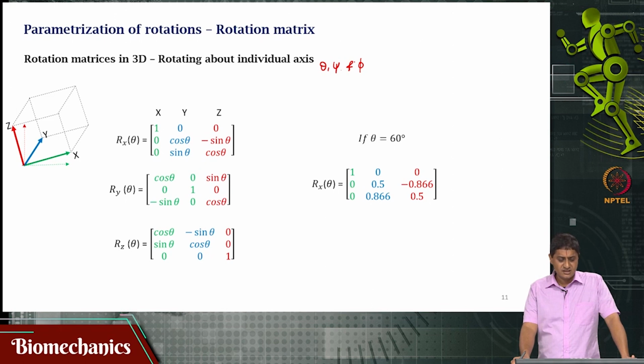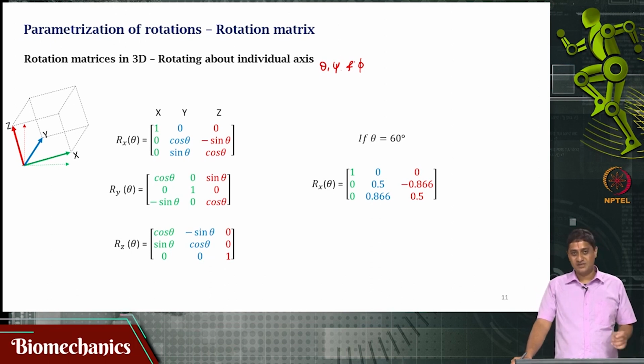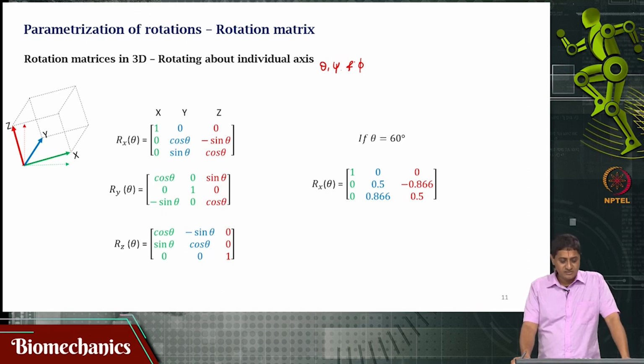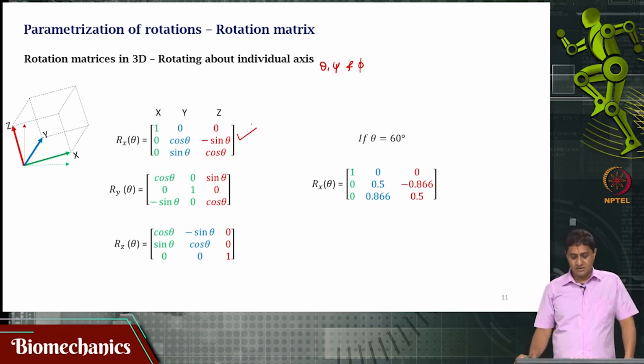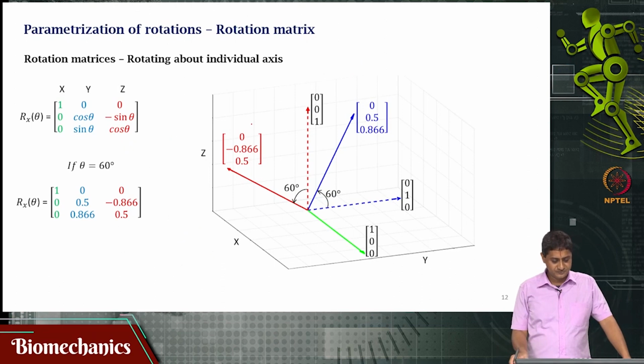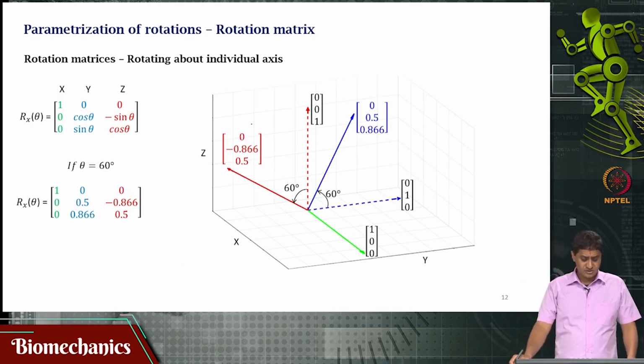Then Rx, because the rotation is happening about the x axis and the x axis itself is not moving, the rotation matrix would be this. And let us say for example, theta is equal to 60 degrees. Because I know cos theta and sin theta for 60 degrees, I can actually write out this rotation matrix, right. If you rotate about the x axis, the rotation is not going to affect x itself.